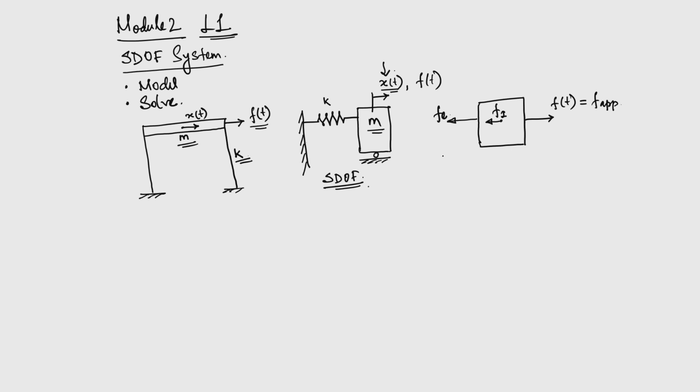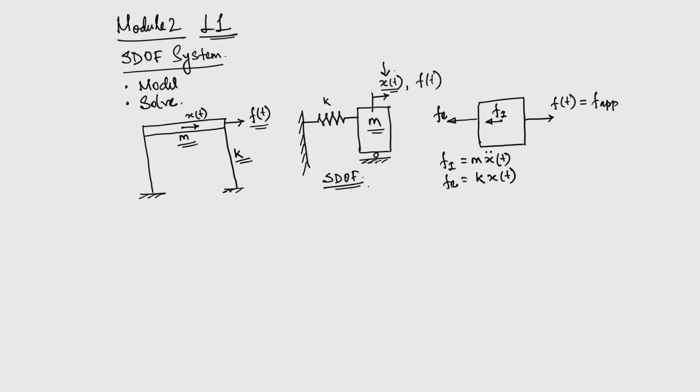Now, we can identify what the inertia force is. This is nothing but mass times acceleration; if we differentiate x of t twice we get the acceleration, and multiplying that with the mass we get the inertia force. Then we have the elastic force, in this case the stiffness K times the deformation x of t in the horizontal direction.